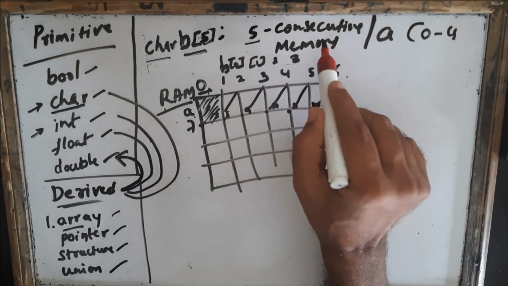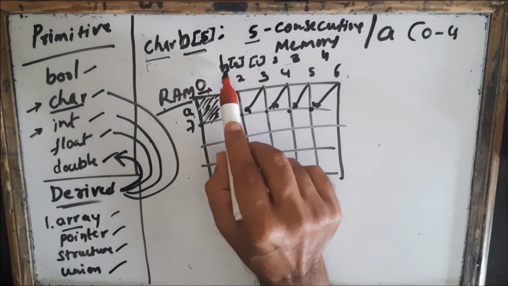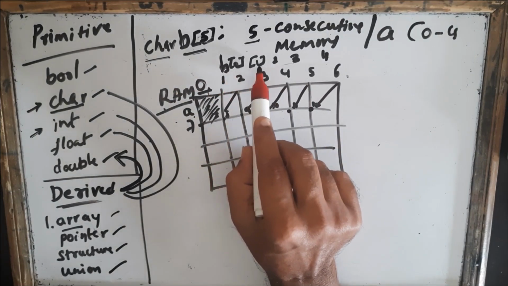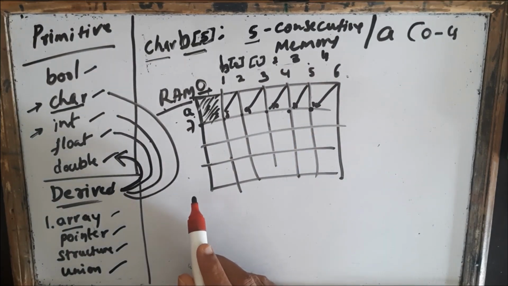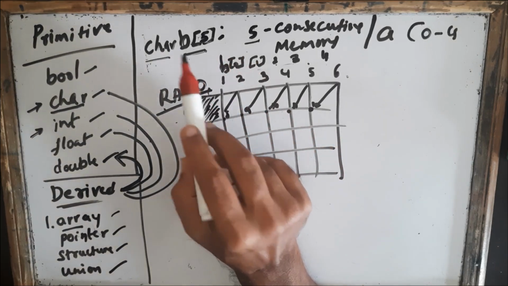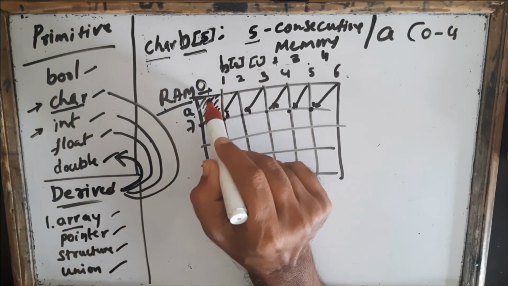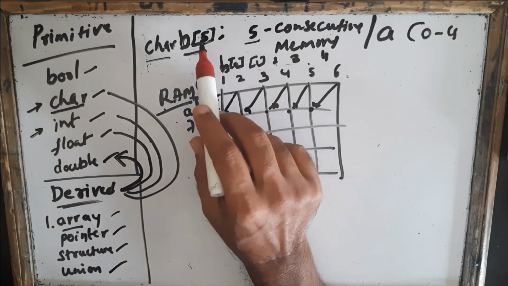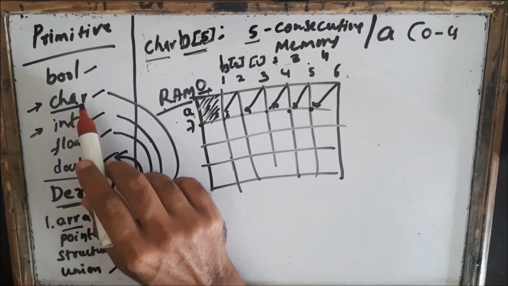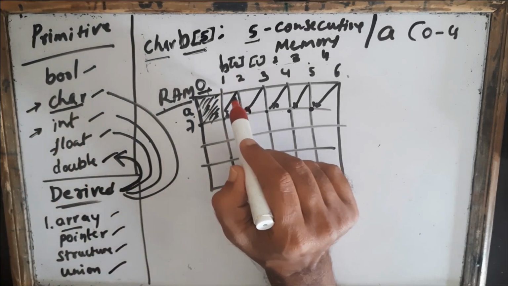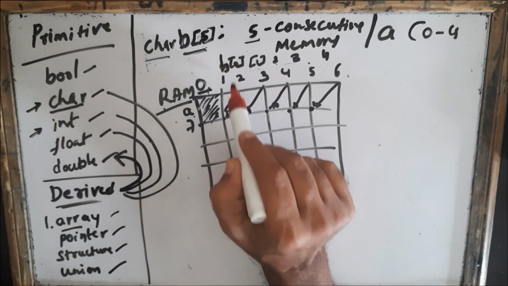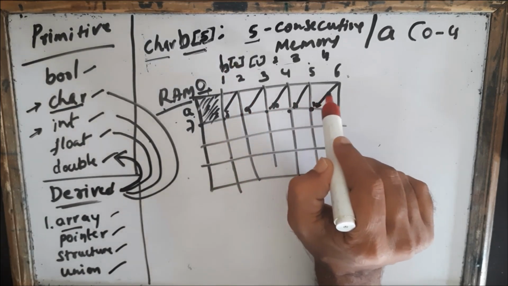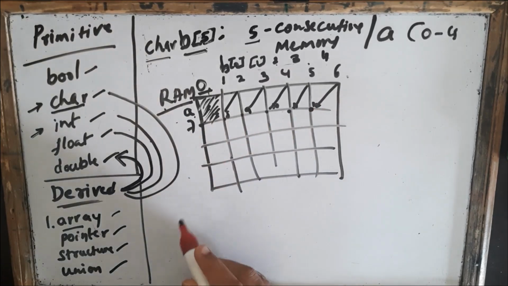That means 5 consecutive memory locations for B: B of 0, B of 1, 2, 3, 4. So the character B of 5 is actually a derived type of character. It allocates each byte for each content of this 5. So B of 0 will be 1 byte, like that for each index.